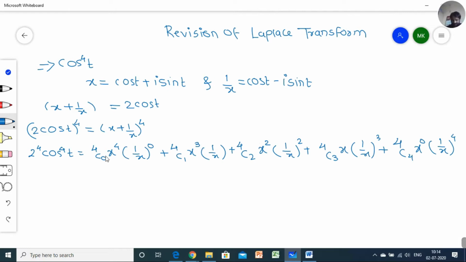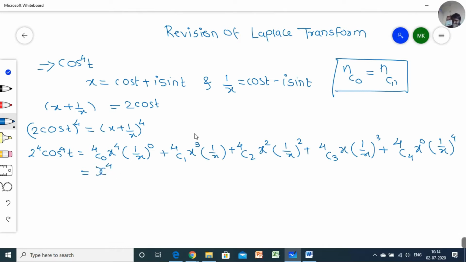Now see, what is 4c0? That is equal to 1. The first and last terms are by default 1. Always remember nc0 and ncn are equal, because both carry the value 1. So 4c0 is 1, x raised to 4 as it is.